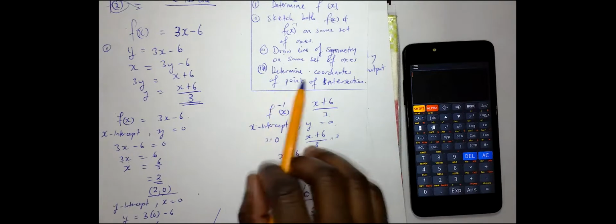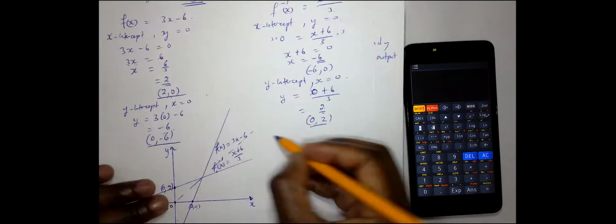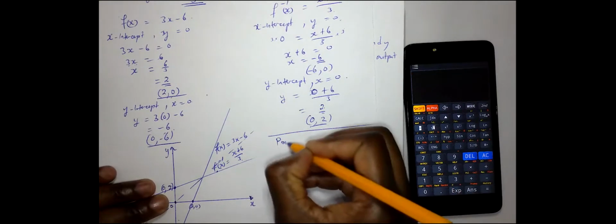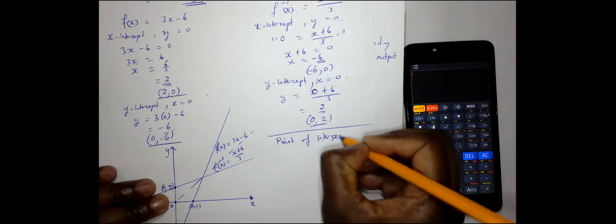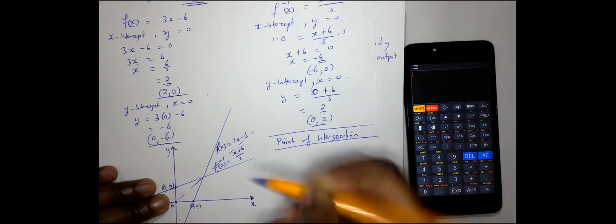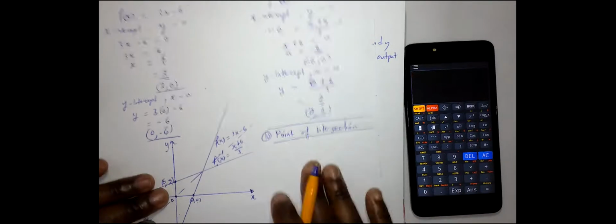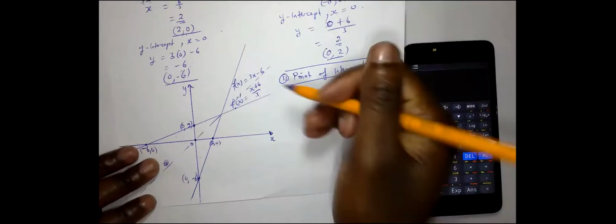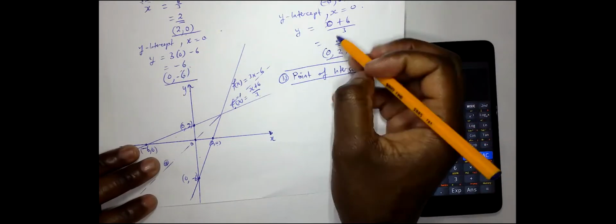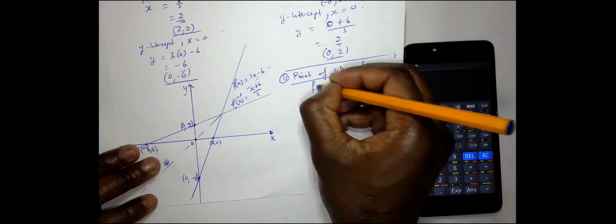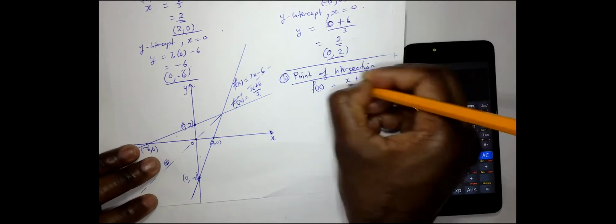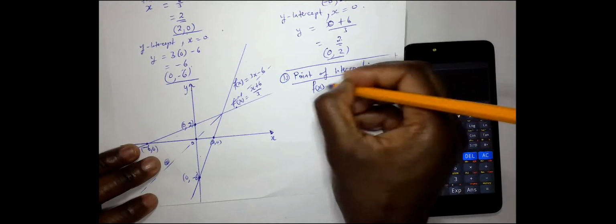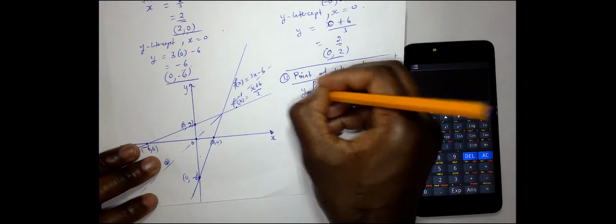Okay. Now question 4 is saying determine coordinates of point of intersection. Now, on point of intersection, here's what you need to remember. When you're given two equations, in this case you have f inverse of x is equal to x plus 6 over 3, or let me just say y is equal to that.